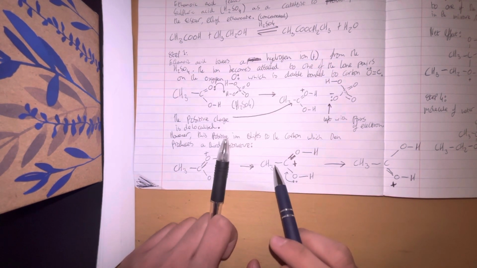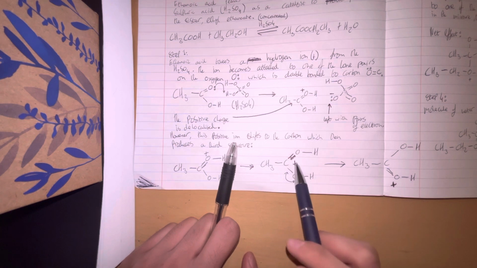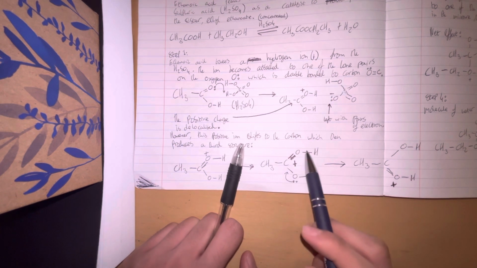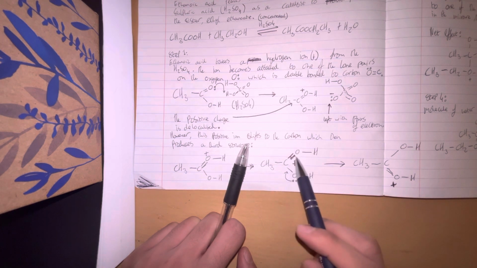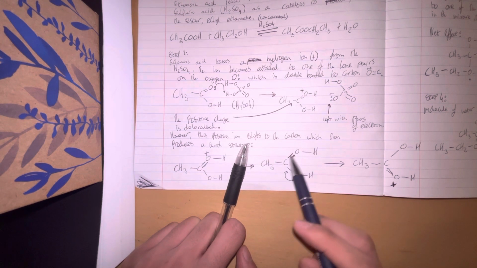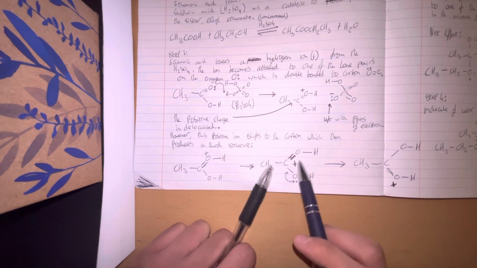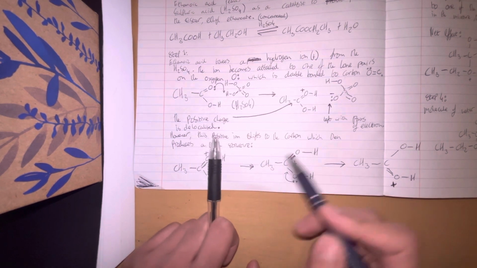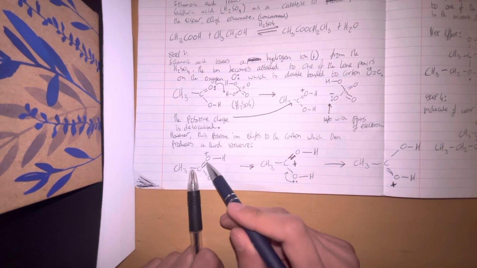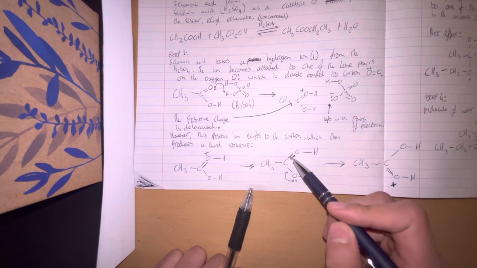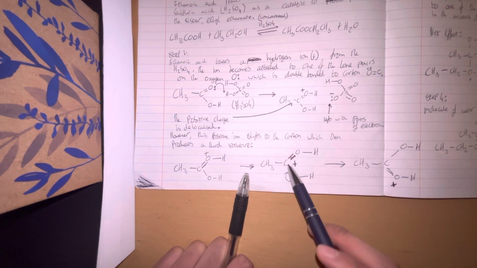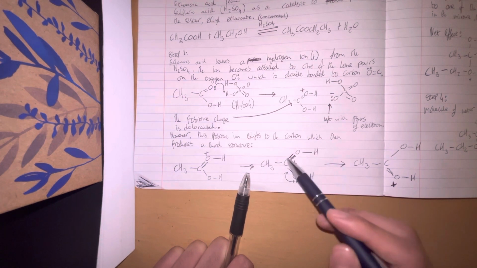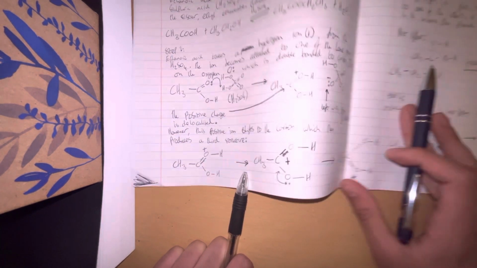This would then make CH3, C with the positive. Yes, this would make this. Wait, it would just be one line here, because it's removed the double bond from here, and it's given its positive ion to carbon here, so they're both just single lines.